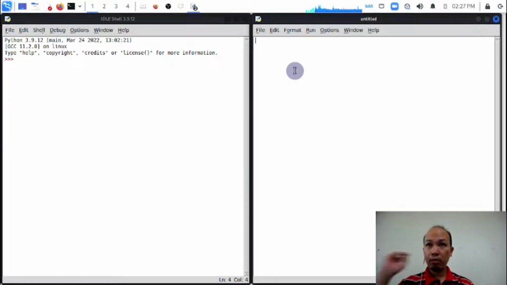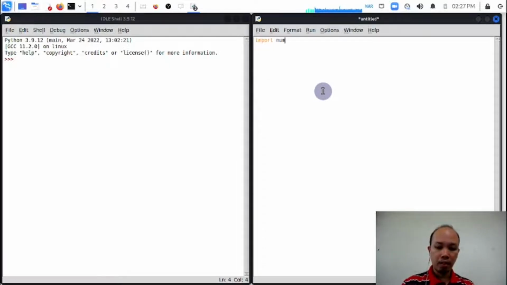And don't forget, first is to import our package. So we have here import numpy as np, and then we will define our function.